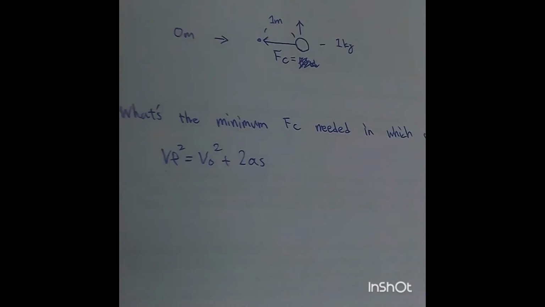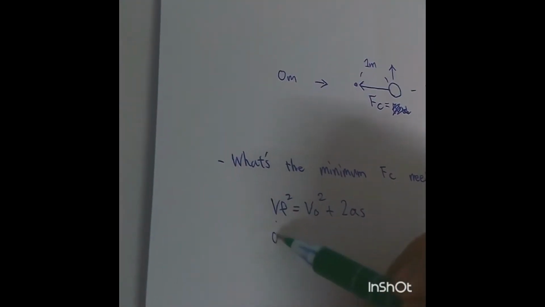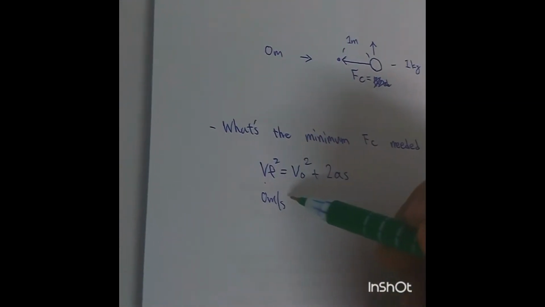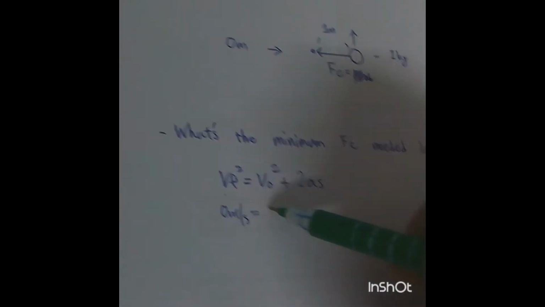Vf is known as 0 meters per second, so this is equal to 0, and Vo is not given.